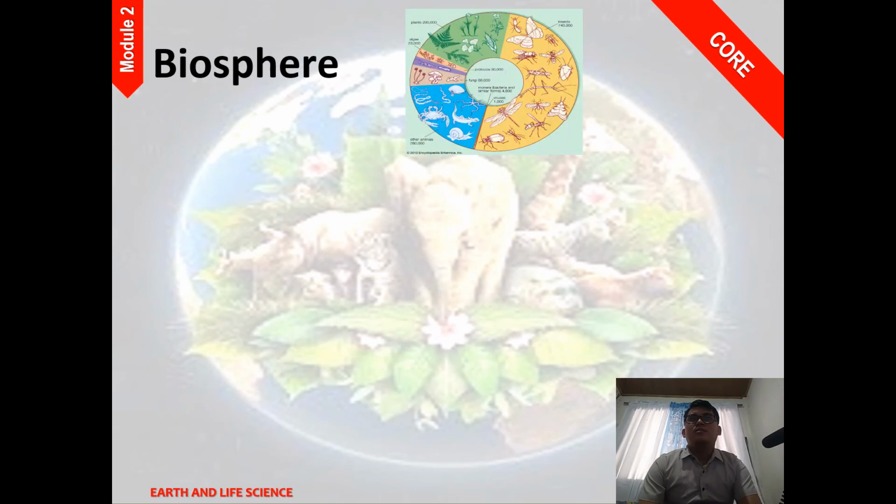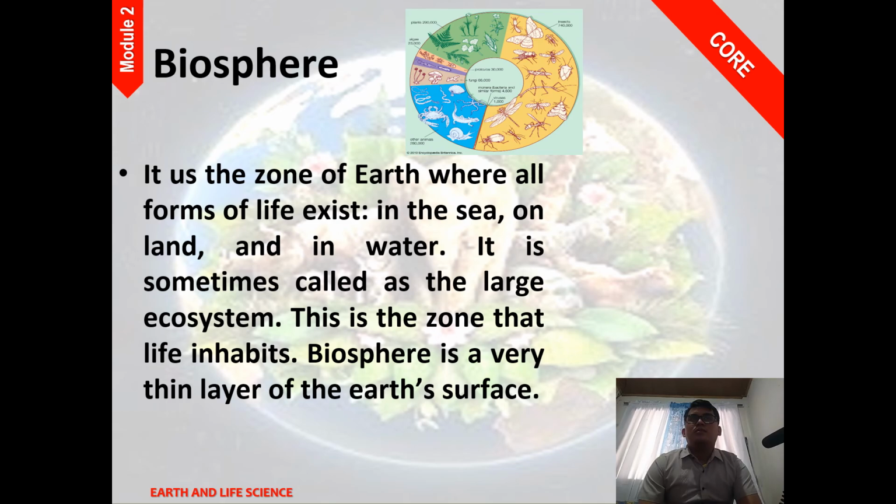Biosphere. It is the zone of Earth where all forms of life exist, in the sea, on land, and in water. It is sometimes called the largest ecosystem. It is the zone that life inhabits. Biosphere is a very thin layer of the Earth's surface.